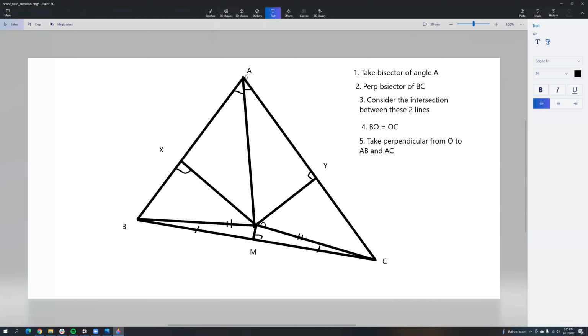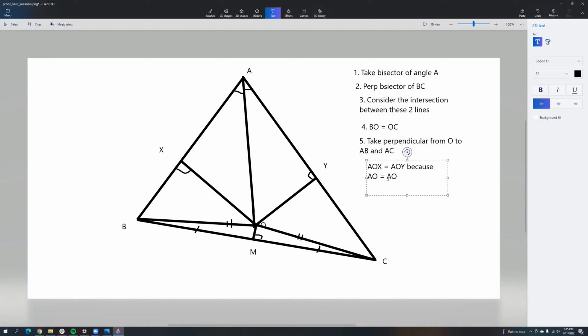Let's look at the triangles AOX and AOY. We have AOX equals AOY. Why? Because AO equals AO, right?